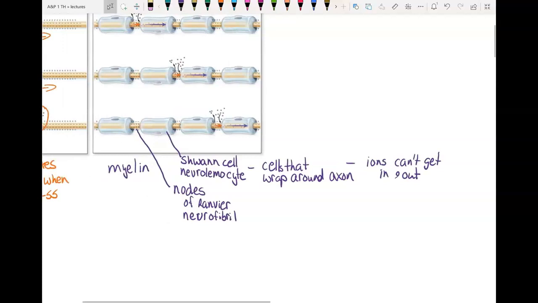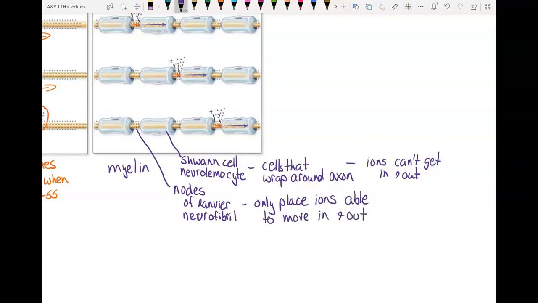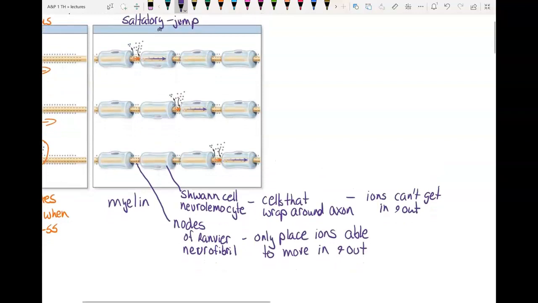It's only in the nodes where the ions are able to get in and out. So this means you can only have action potentials in the nodes.